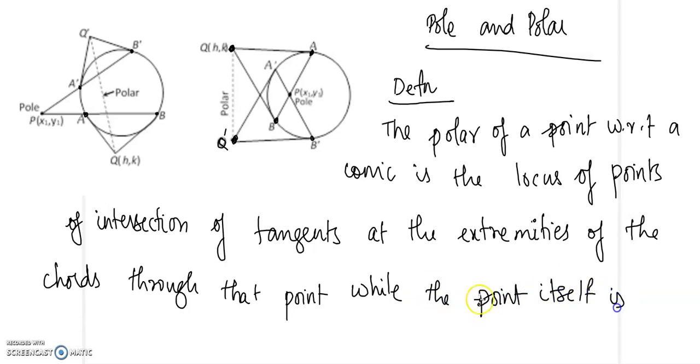The point itself is called the pole of its polar.